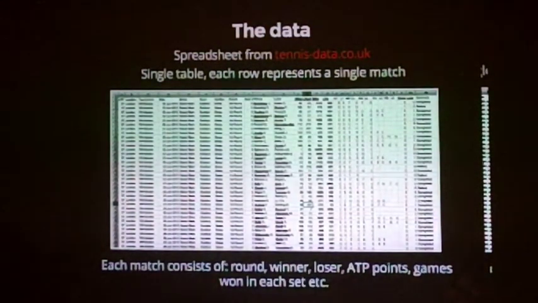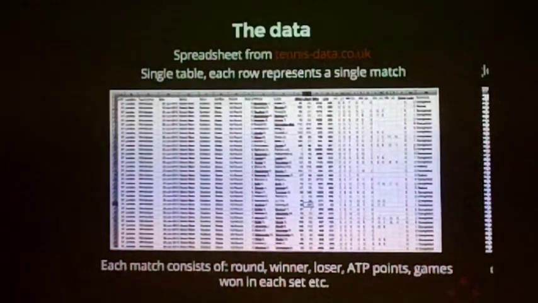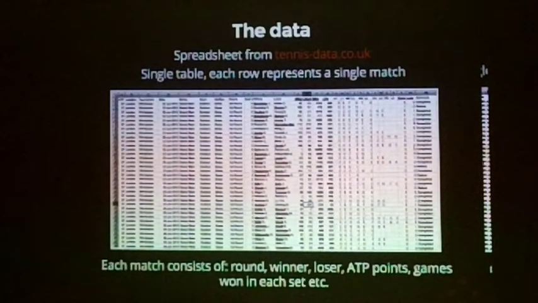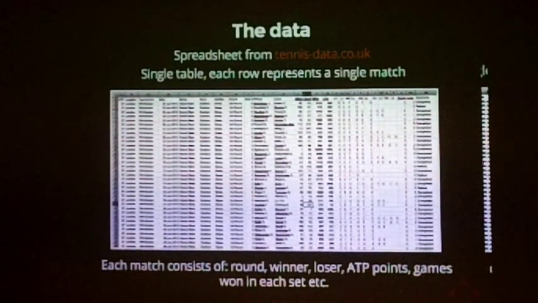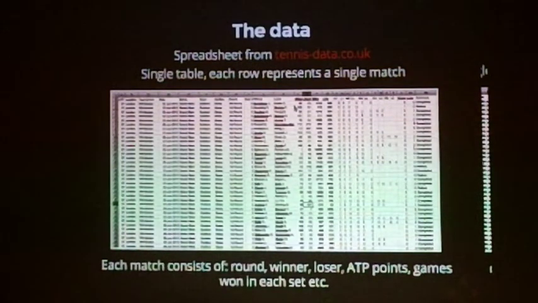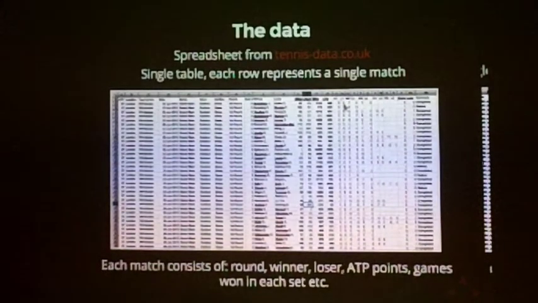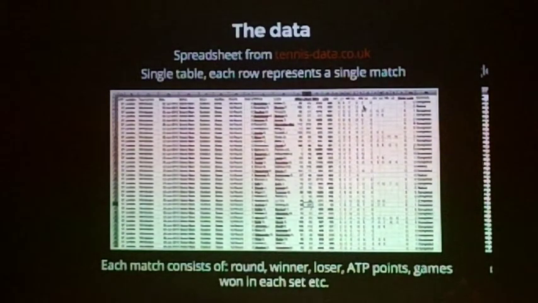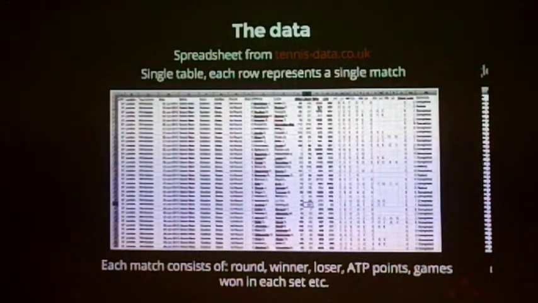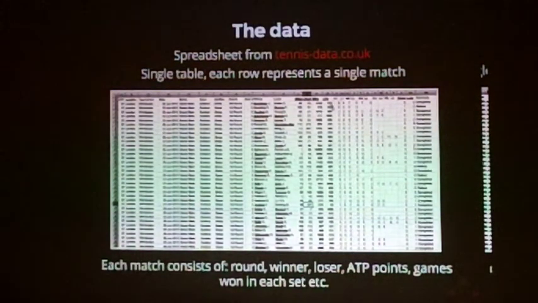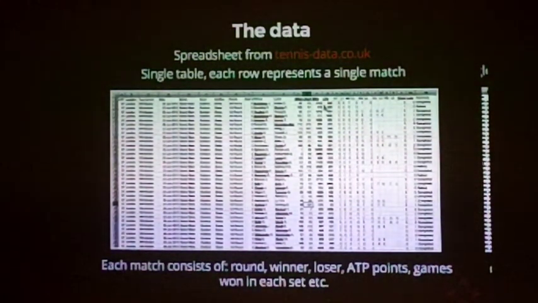So it's a spreadsheet of every match from a Wimbledon tennis tournament. There's either 127 or 128 matches in total, and you've got the winner and the loser, and for each set you've got the score, so 6-2, 7-5 and so on. You've also got the ATP ranking, I think that's the ATP points that the winner has, and so on.